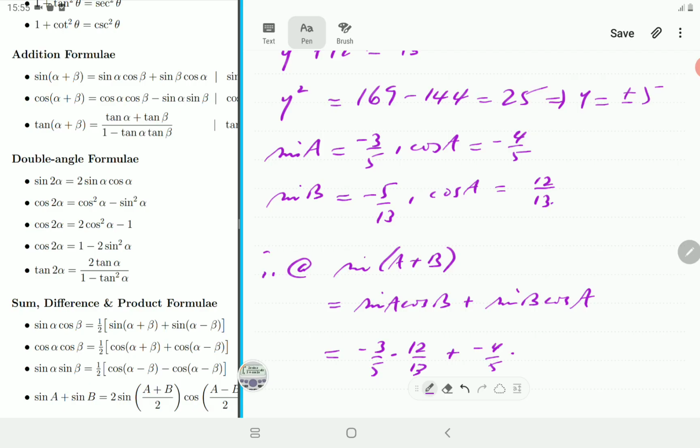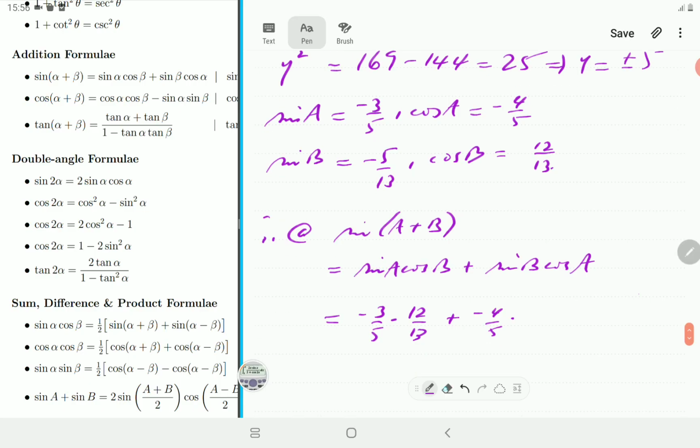Cosine, what's going on here? This is supposed to be B there, of course. So sine B is negative 5 over 13 actually.